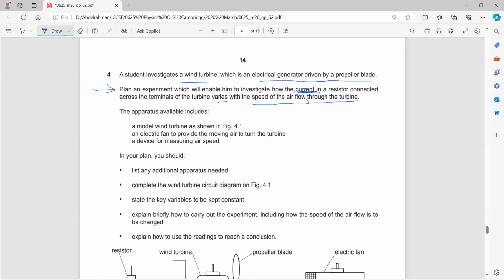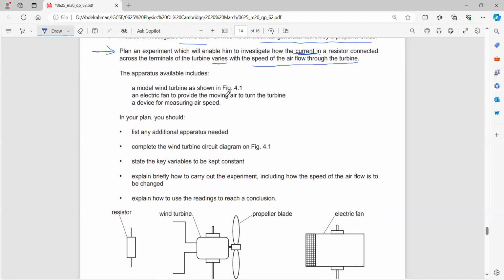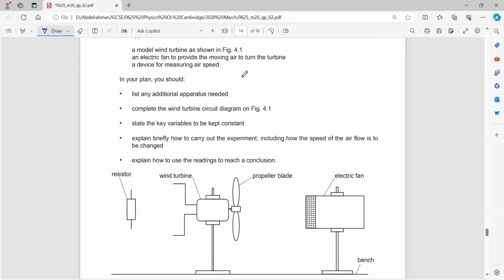You have some apparatus: a model wind turbine, an electric fan, a device for measuring the air speed. In your plan, you should list any additional apparatus, complete the circuit, and state any key variables.